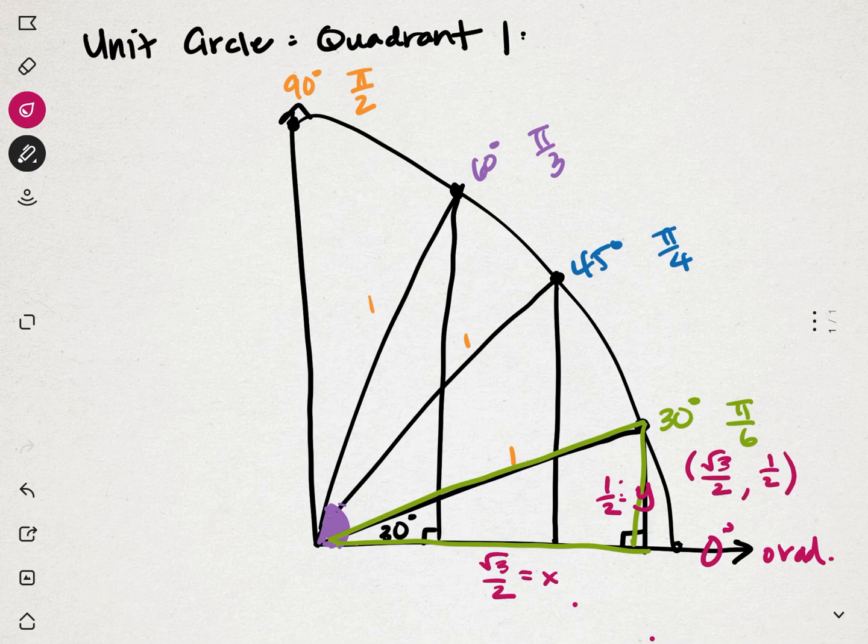So just to clarify again, x and y. The y is the height of the triangle. It's the value that corresponds with the y-axis. That's how high the side is in relationship to the y-axis. The x is radical 3 over 2, and that's because that's the length in terms of the x-axis.